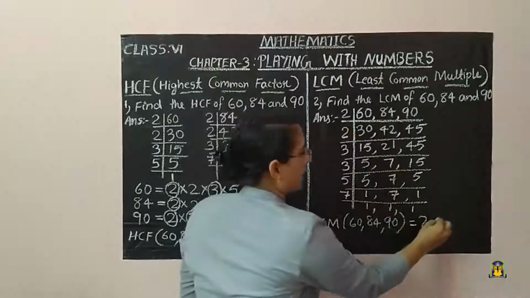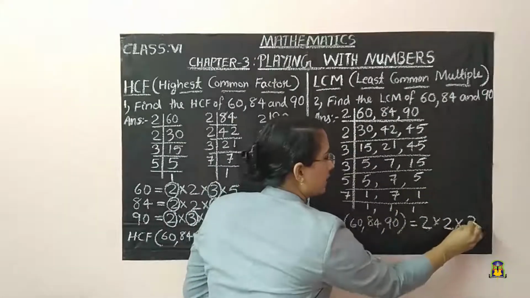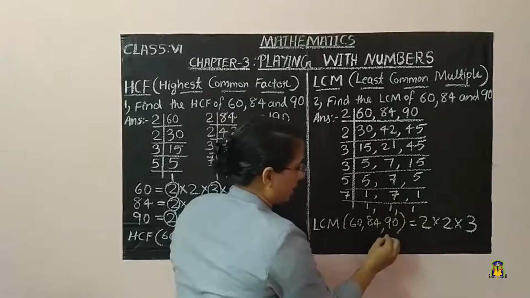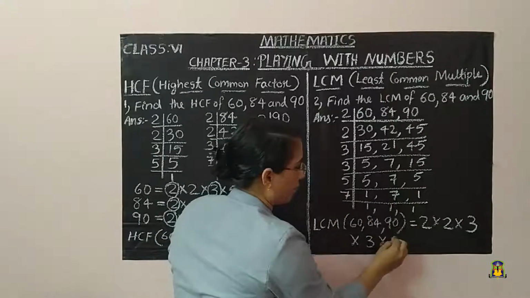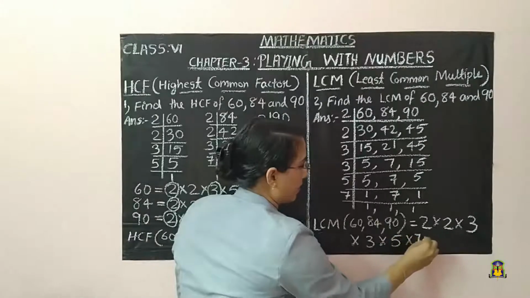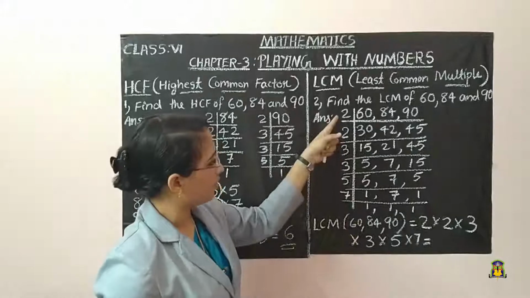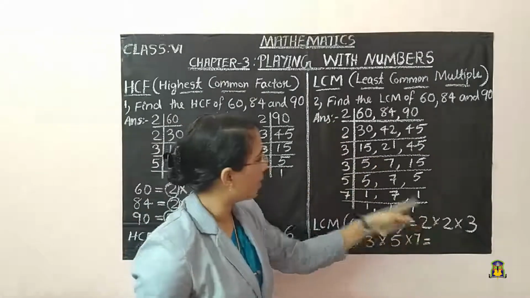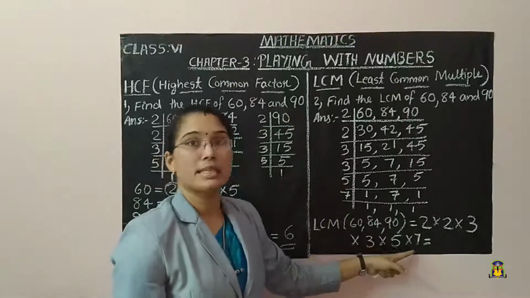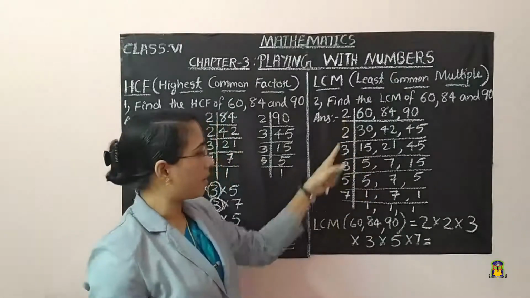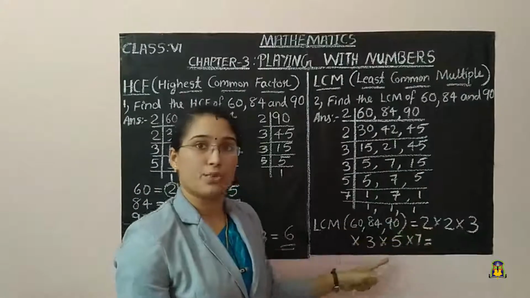First 2, then again 2, after that 3, then again 3, then 5, then 7. Understood? You write all the numbers: 2 into 2 into 3 into 3 into 5 into 7.